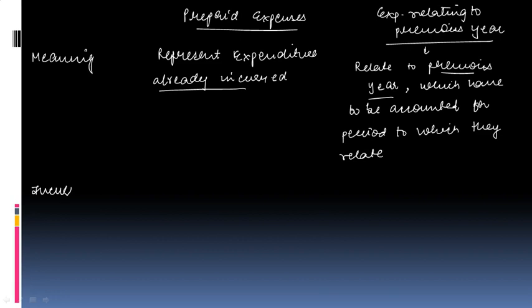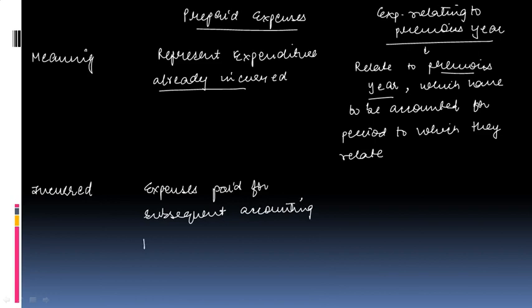So first of all, prepaid expenses are expenses paid. बेटा अभी जियो का रिचार्ज कराते हो ना, कोई भी रिचार्ज कराते हो, you tend to make a recharge for the next 3 months, 6 महीने ऐसे के लिए होता है कुछ. So expenses paid for subsequent accounting periods.